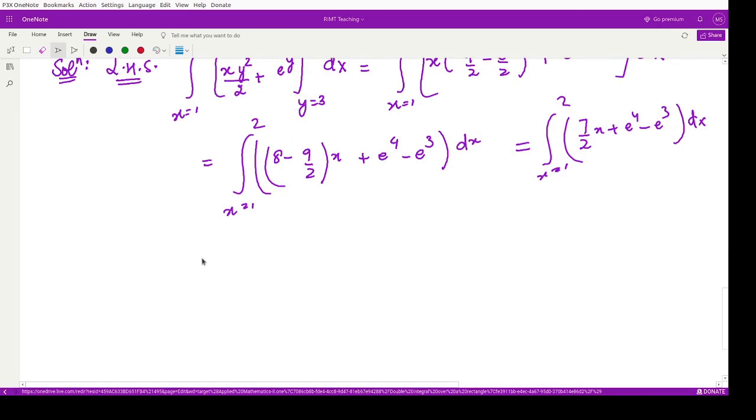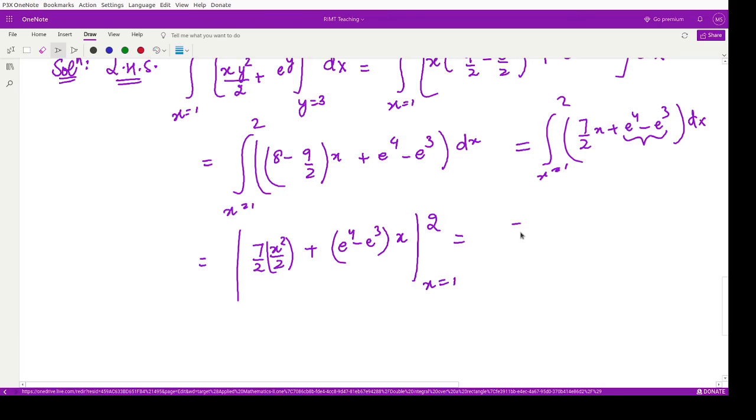Now we have to perform the integration with respect to x. It would be 7 by 2 x square by 2, plus, now these are constants, so we multiply these with x, and the limits of x are from 1 to 2.